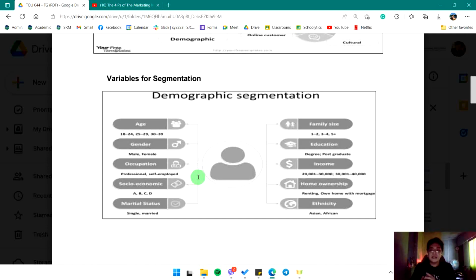Hinahati-hati natin yung mga tao based on certain details that are basic or that are general into the life of an individual. Dito nga yung age nila, yung gender nila, yung occupation.